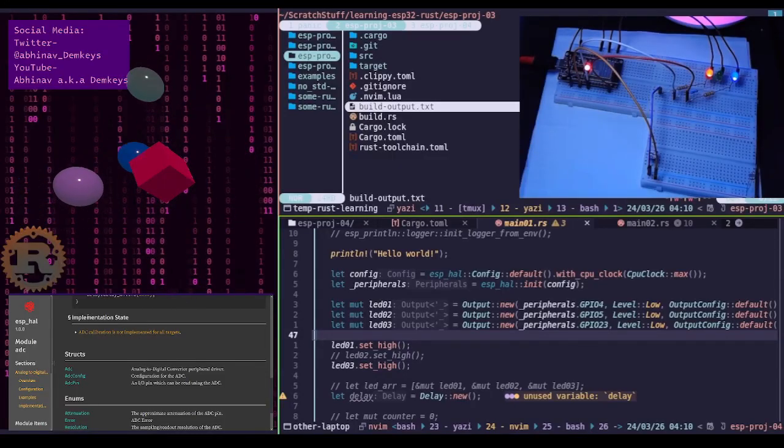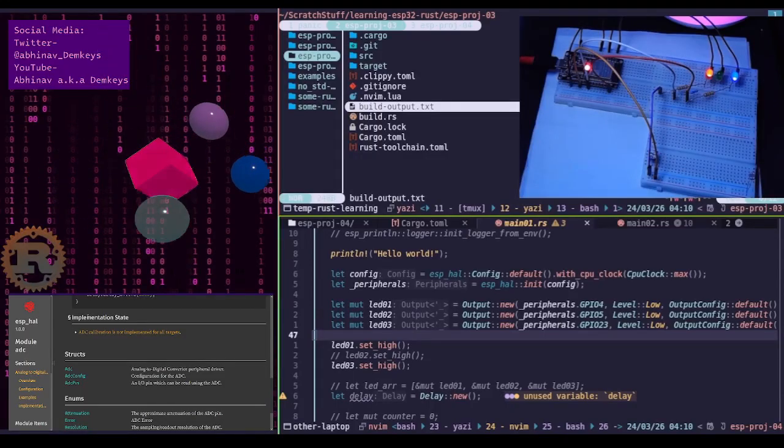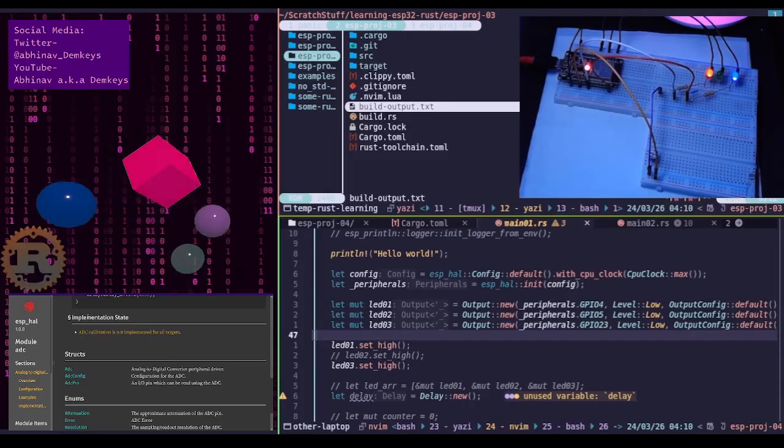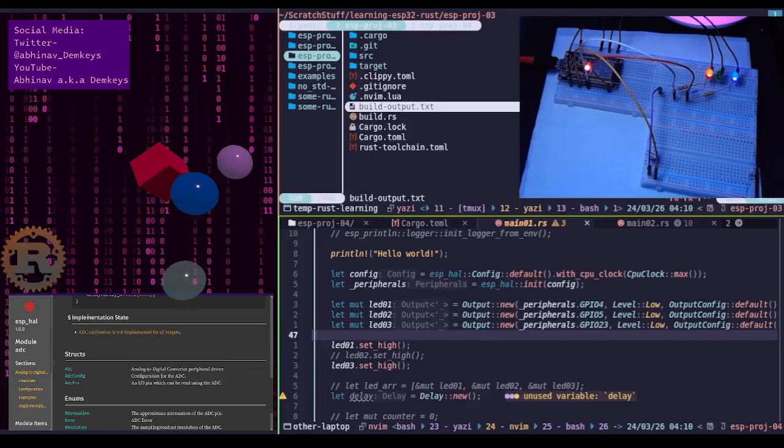Okay, hold up. So the ADC is not calibrated, right? Does that mean that anything harmful can happen?